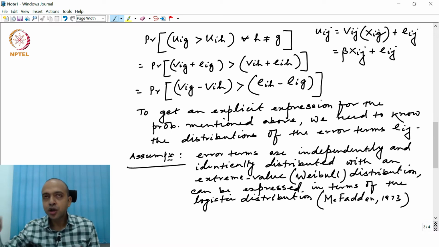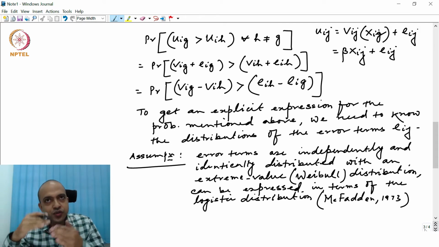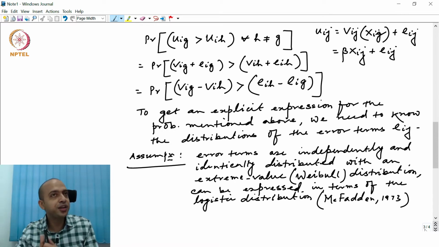So we will get coefficients for each and every attribute, along with the money.